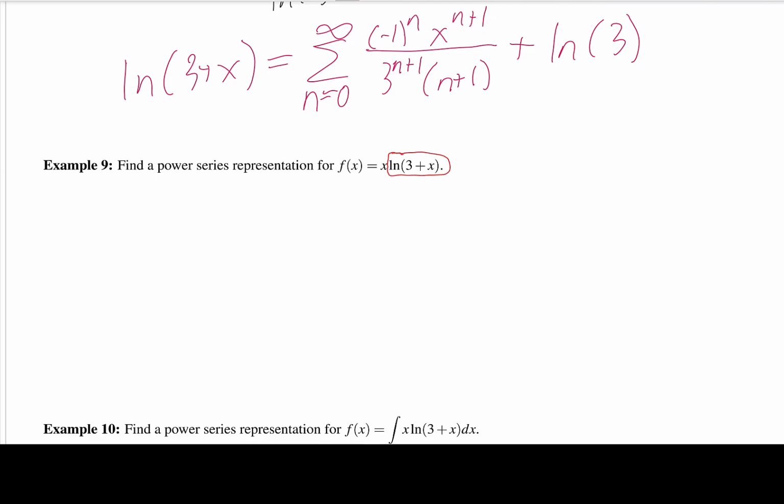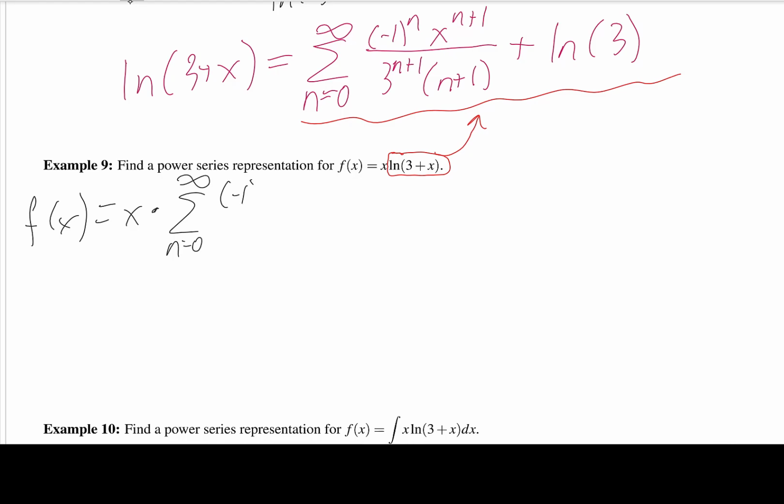So if you just focus on this part and you'll get this junk, then we can say that f of x is equal to x times the sum from n equals 0 to infinity of negative 1 to the n times x to the n plus 1 over 3 to the n plus 1 times n plus 1 plus ln of 3. Right, so x is being multiplied with all of this.